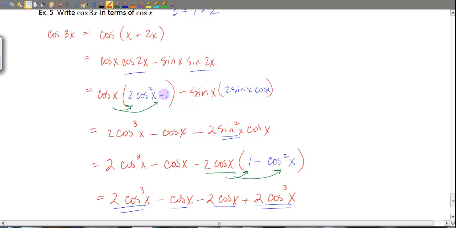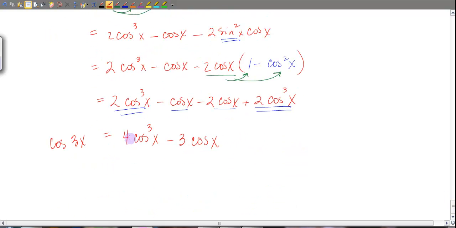I just happened to pick this one in my notes. But again, I've done it all 3 ways, where whichever form of cosine 2x I choose, the process is going to be similar. So I would highly encourage you to take a few minutes and try this process one more time using one of the other forms of cosine, because if you do, your answer should still come out to be this.